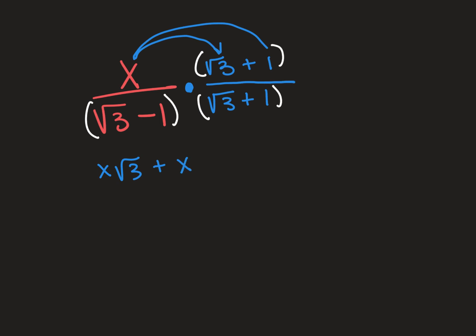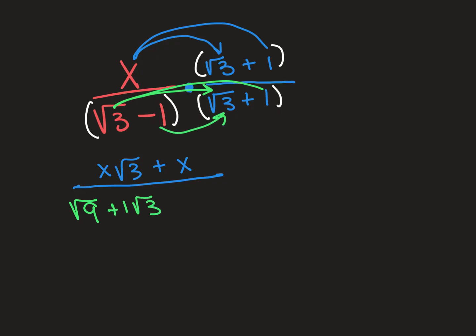So that's the top. The bottom is going to be square root of 3 times the square root of 3, which is the square root of 9. Square root of 3 times 1, so positive 1 square root of 3. Then I have negative 1 square root of 3.